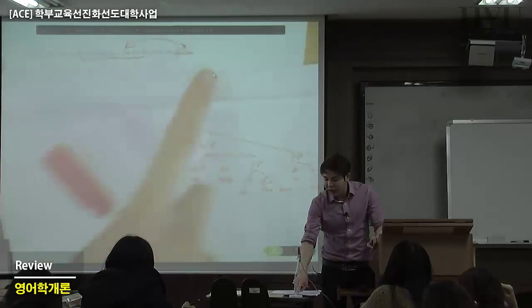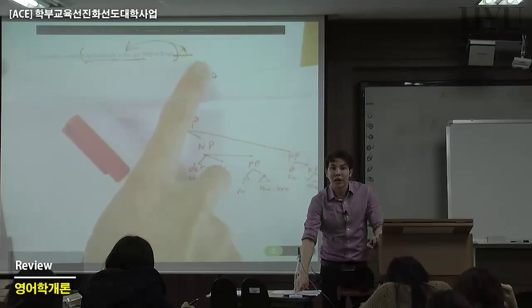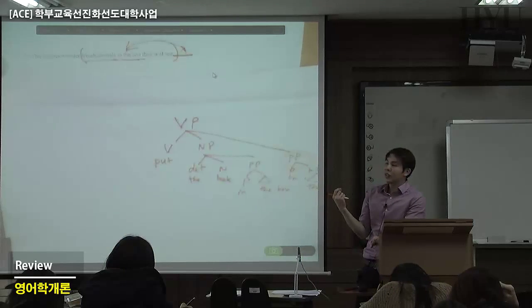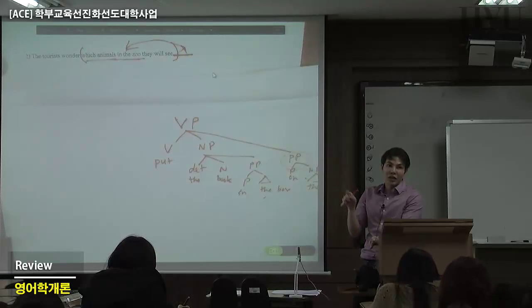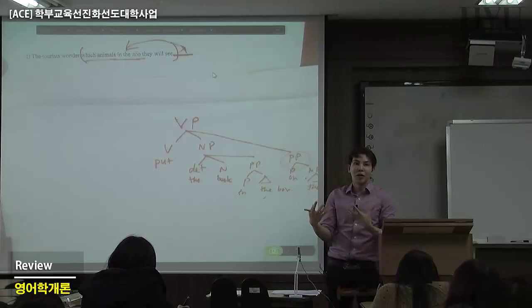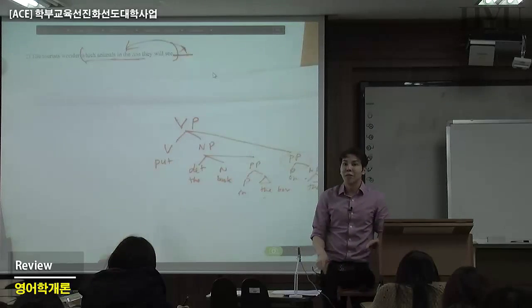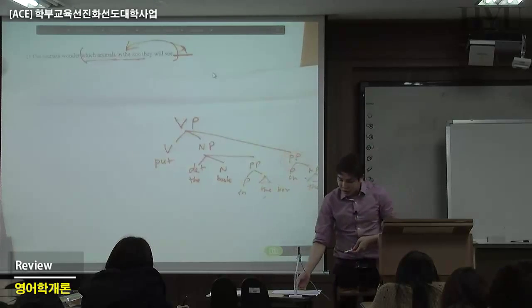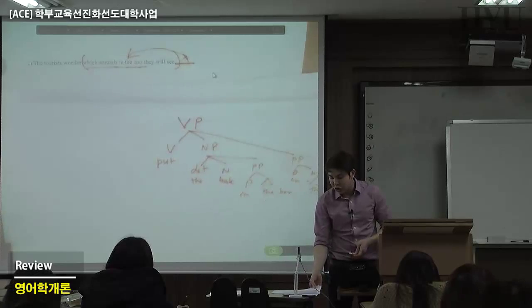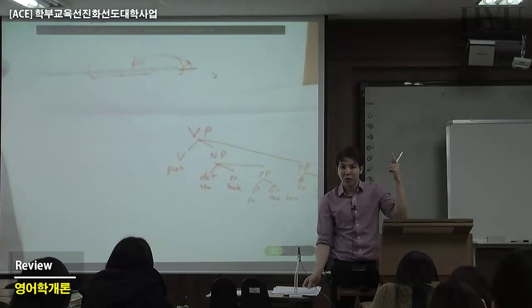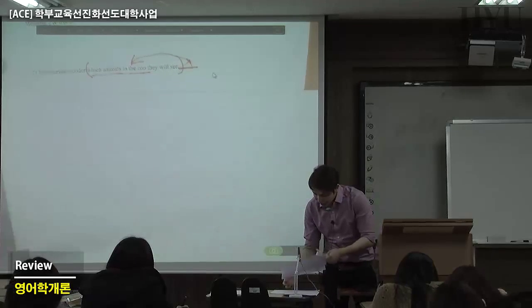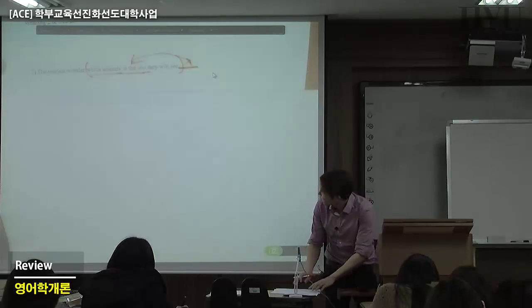So the whole chunk has been moved from there. So when you have a moved element, you need a trace, remember, a T, right? Not a pro. A pro is a pronoun, but here it is a moved element, the WH word. So in this case, we should have both the CP and also the moved element, okay? So I'll show you how to write this.